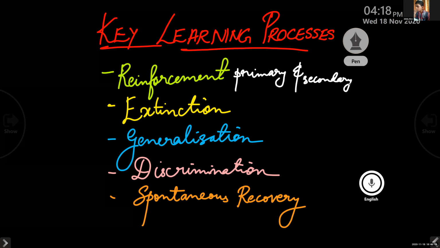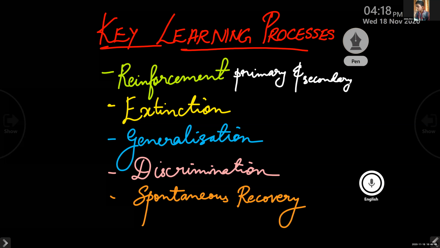Spontaneous recovery occurs after a learned response is extinguished. Suppose an organism had learned to make a response for getting reinforcement. Then the response is extinguished and some time lapses. A question now may be asked whether the response is completely extinguished and will not occur if the CS is presented.